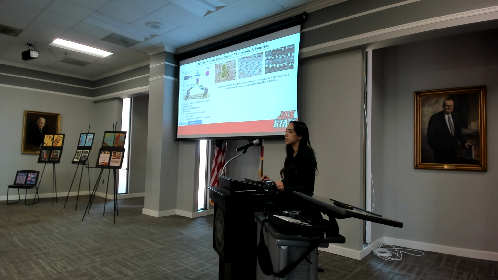Mutations to myosin 6 have been shown to negatively impact the stereocilia of the inner ear by fusing them together. The stereocilia of the inner ear are small finger-like projections on the inner ear hair cells that bend in response to sound waves, and the bending produces mechanical energy that is transferred to electrical energy and sent to the central nervous system via the auditory nerve to be translated as sound.